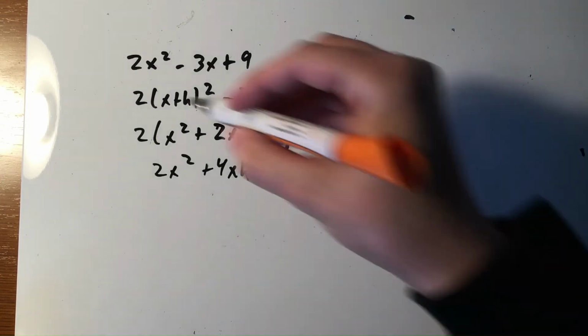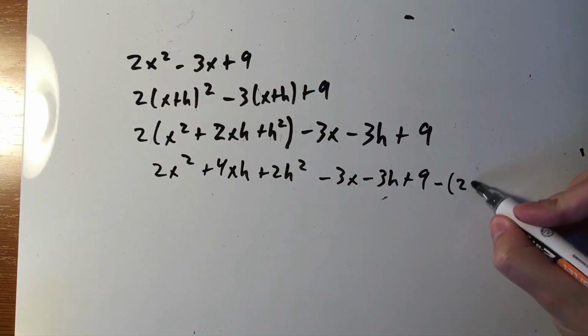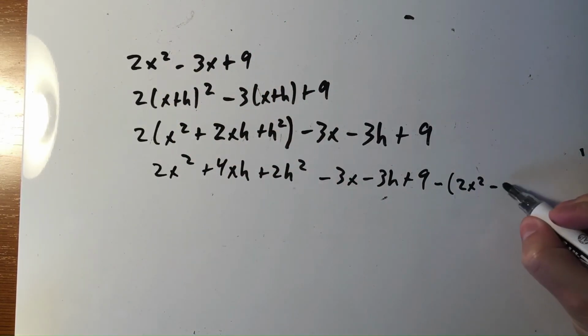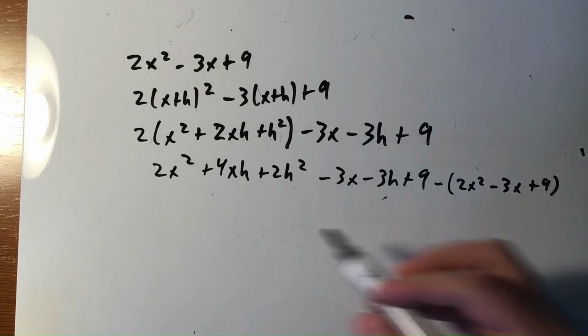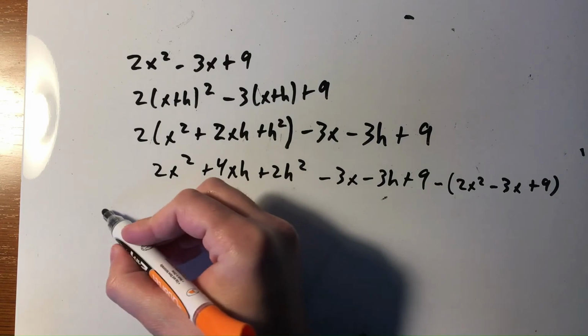Minus, so this right here, 2x squared minus 3x plus 9. So now we got to redistribute everything in here. I'm going to start by just filling in everything else first.